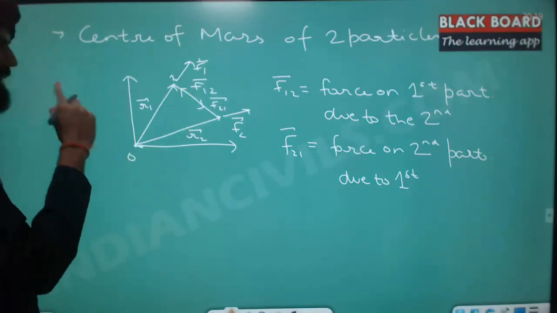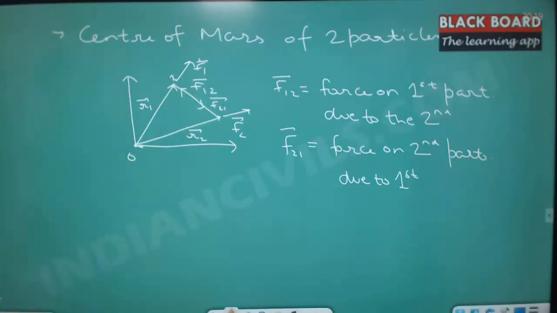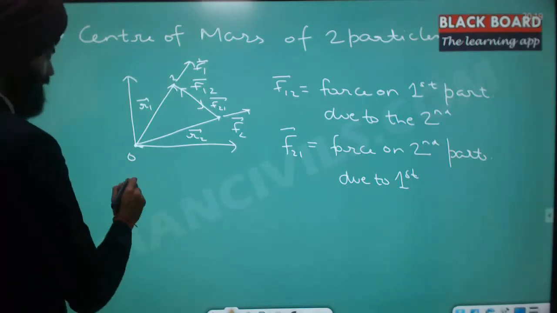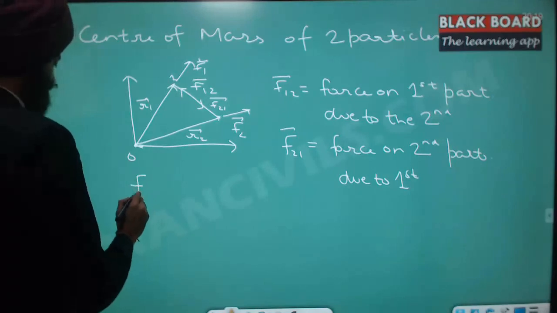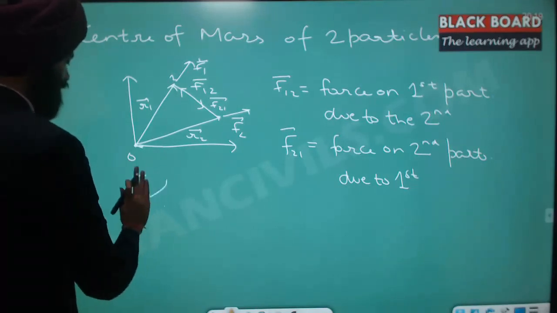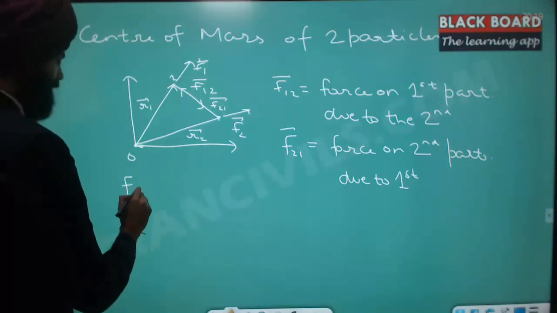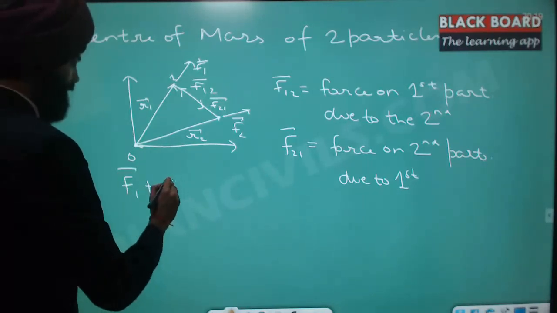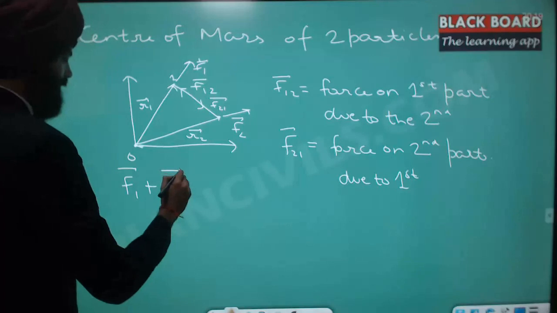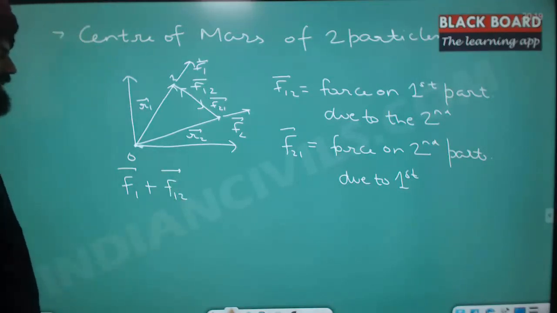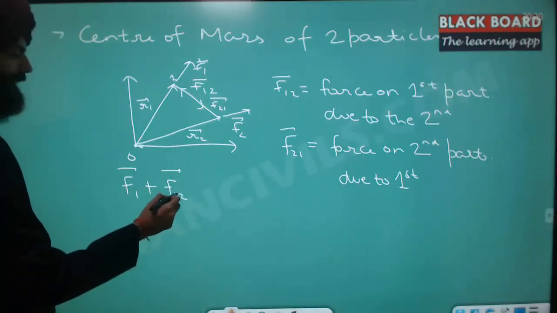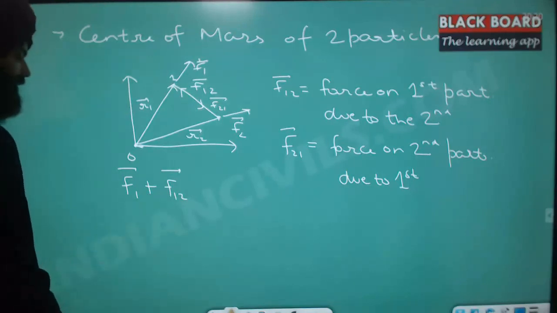Okay, so if this is the case, for our equation of motion, the total force acting on particle 1 is F1 plus F12. F1 is the external force and F12 is the force on particle 1 by particle 2.